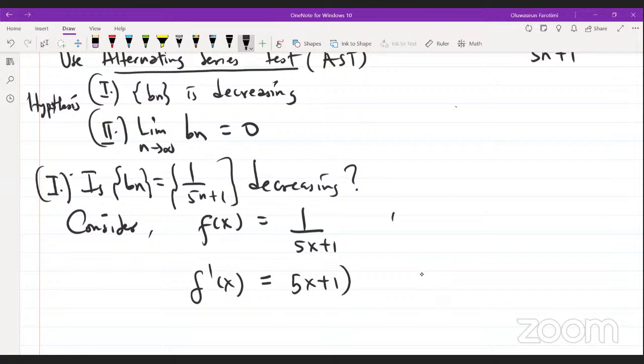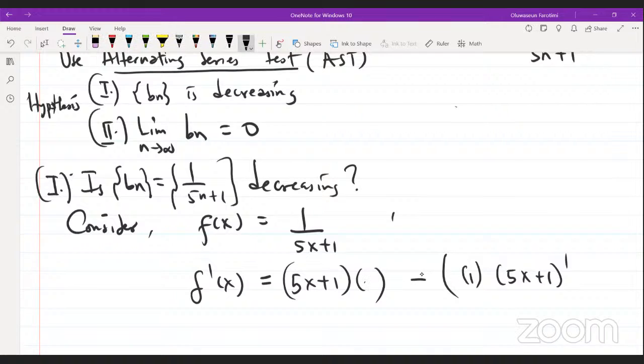5x plus 1 multiplied by 0 minus 1 times 5, all over 5x plus 1 squared. I think it's advisable not to skip steps, guys, so that I make sure I don't lose anybody.